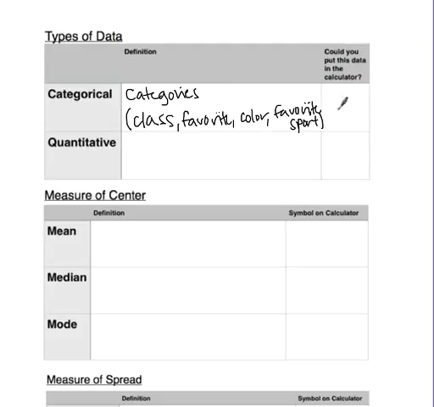Could you put this data in the calculator? No, because this data is not going to be like a number value. It's basically just going to be words, with the exception of one thing, and that being year. Year is always going to go into the categorical data.